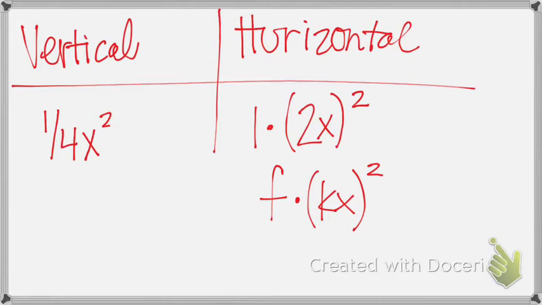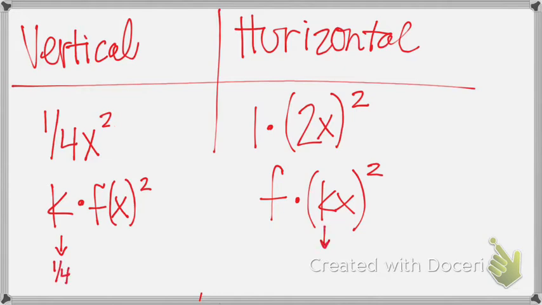It's on the outside of the Y. Because you know F of X means Y. All right, so then you can write here K times F of X squared. Now right here, what is my K value? 1/4. Now on horizontal, what's my K value? 2. Good.